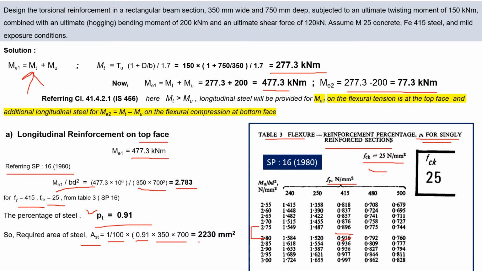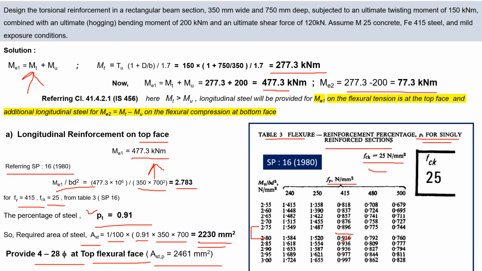Based on these calculations, the area of steel required to take care of this equivalent bending moment is 2230 millimeter square. Accordingly, we are going to provide 4 numbers of 28 dia bars at the top flexural face. When we provide 4 bars of 28 dia, the area of steel provided will be 2461.